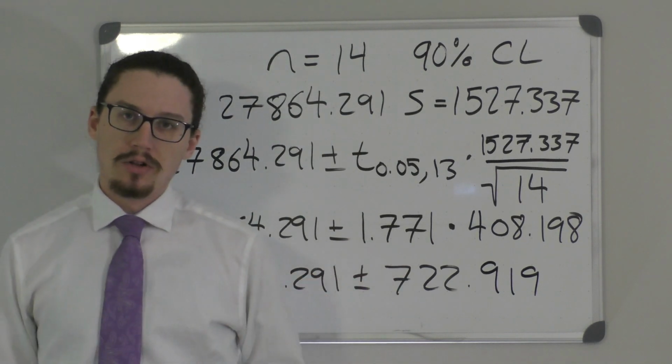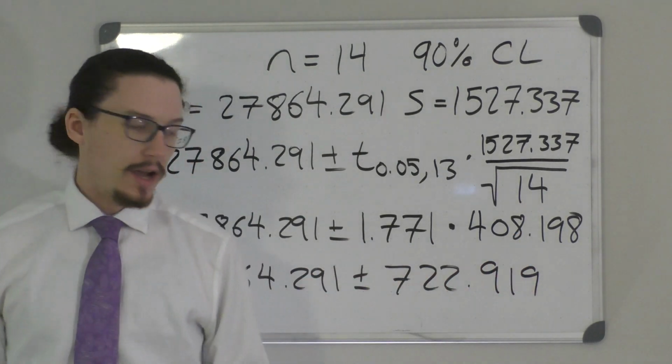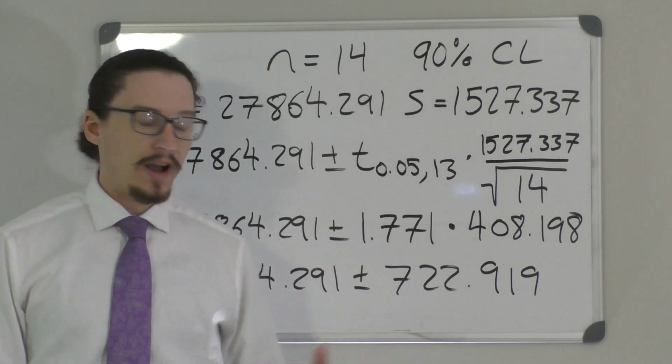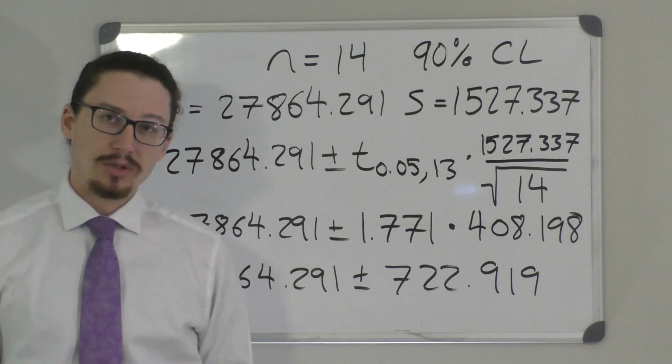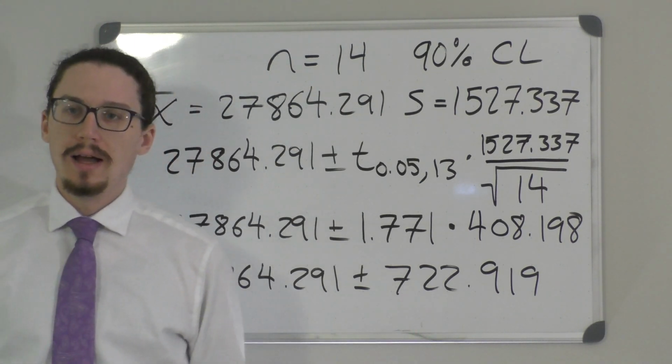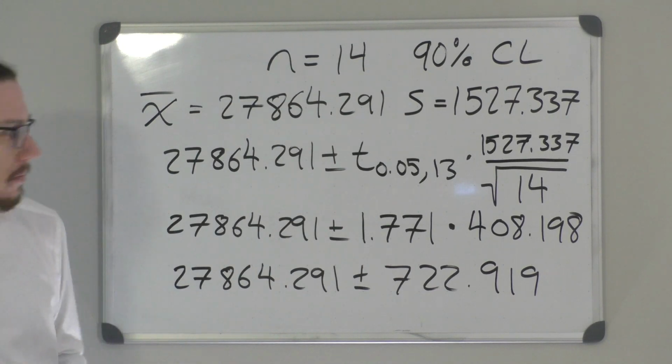Right, when we multiply our critical value and our standard error together, we get our margin of error, which is 722.919.